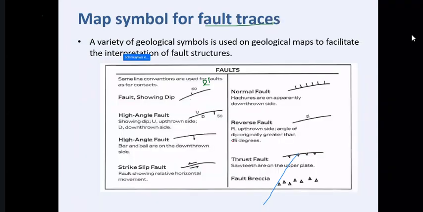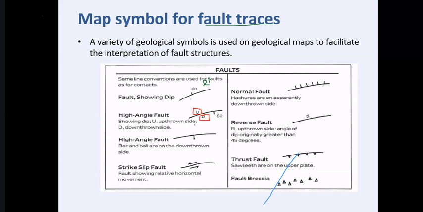And the other thing I want to end up with here is that there are various ways you represent faults on a map. What does U stand for again? Up thrown, and D is down thrown.